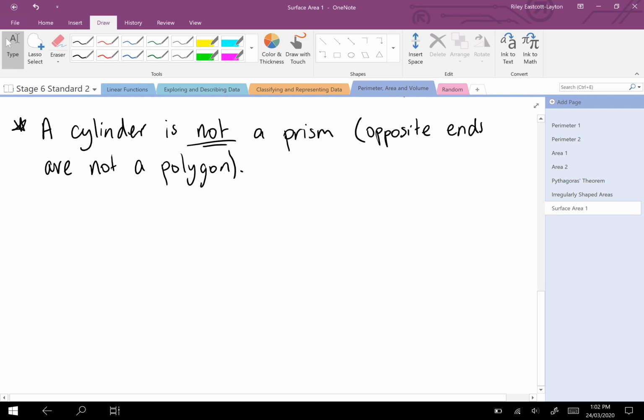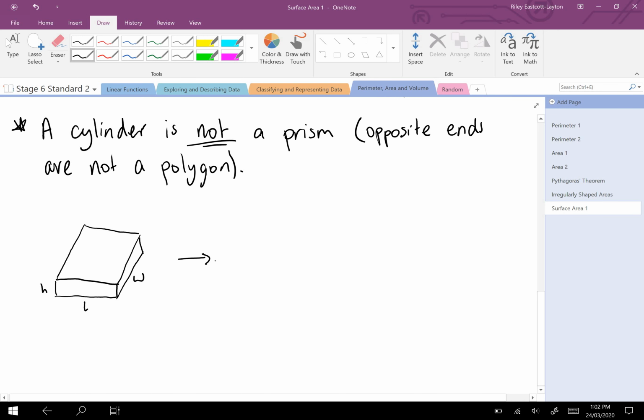So for instance, we won't harp on about this too much, but let's say we've got an object like so, a rectangular prism, and we've got our height, we've got our length, and we've got our width.